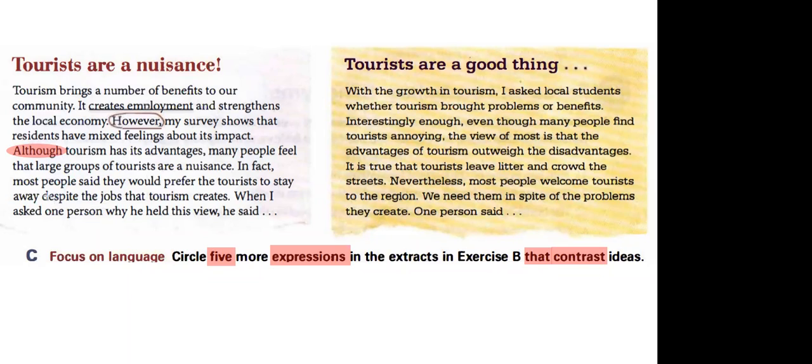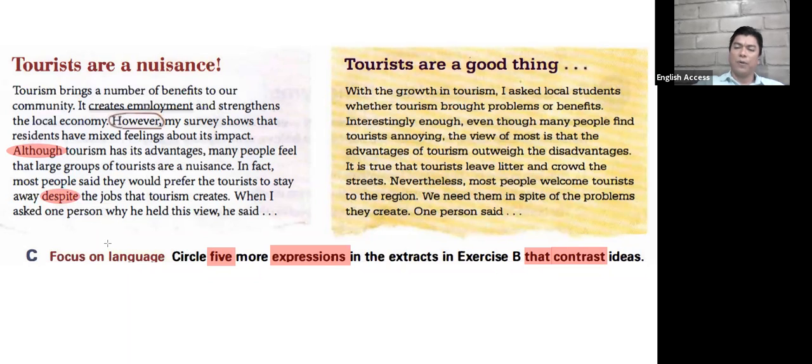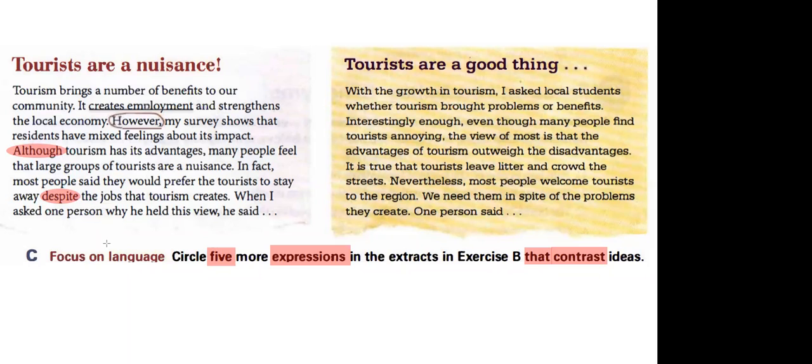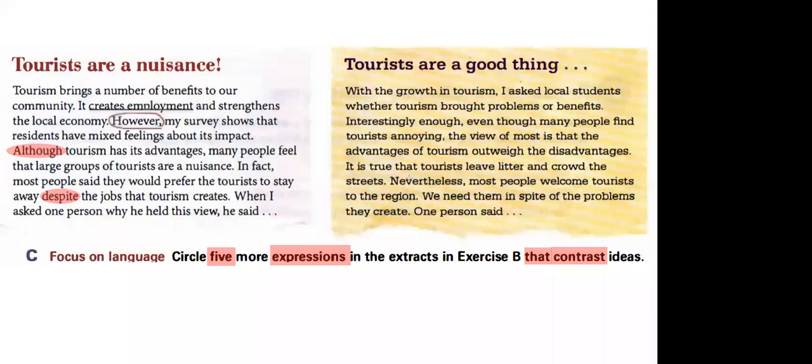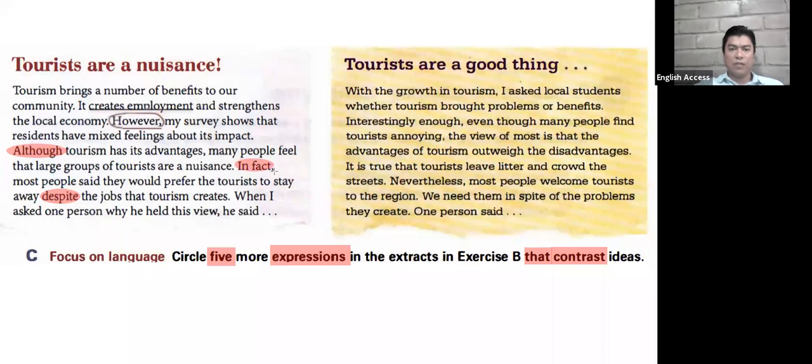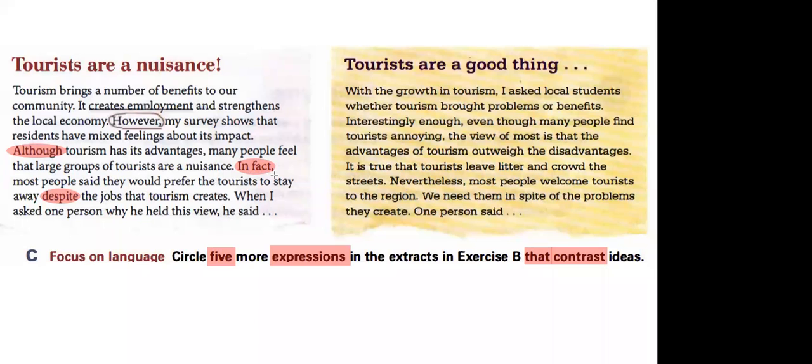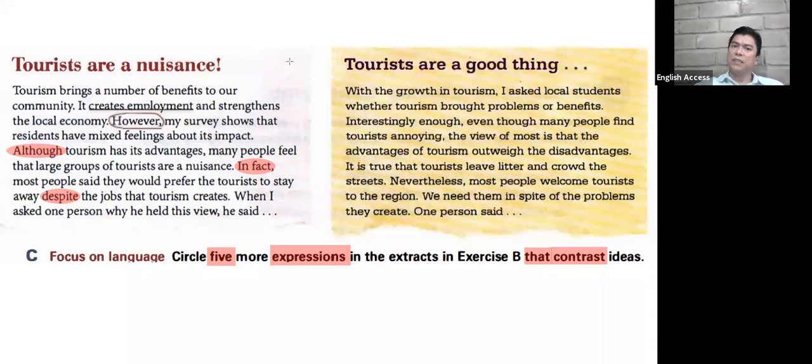Despite. That's 2. We need 3 more. In fact, where is it? In fact, most people say they will prefer. In fact, is this a contrasting idea? I don't think so. Nope, it's not contrasting. So another expression that contrasts ideas.